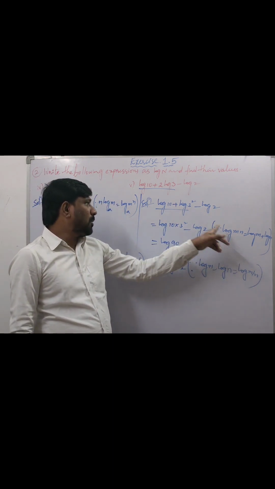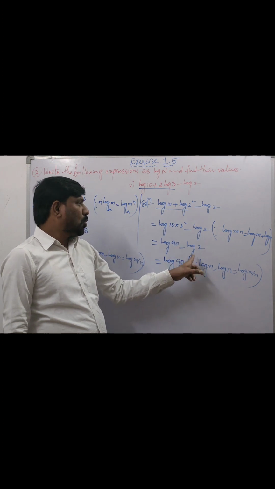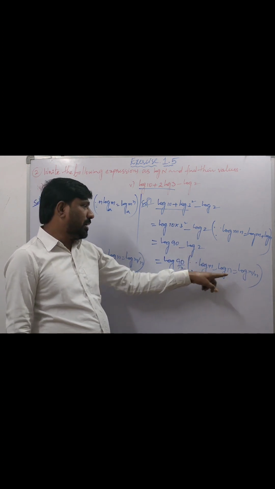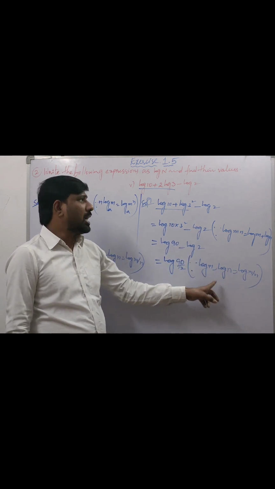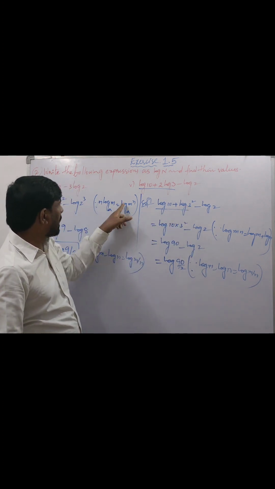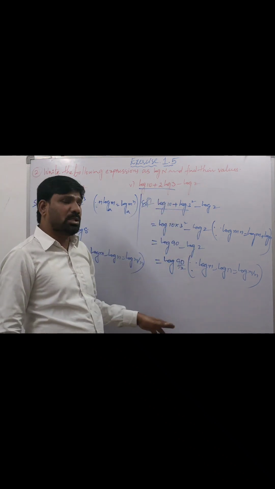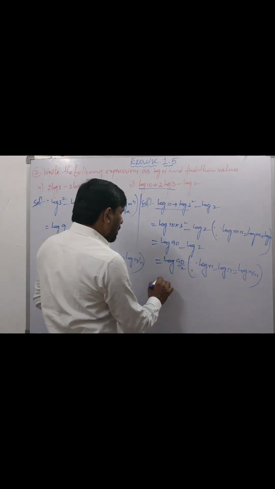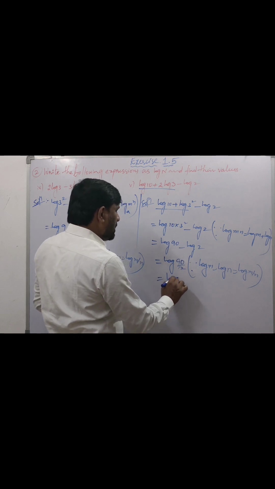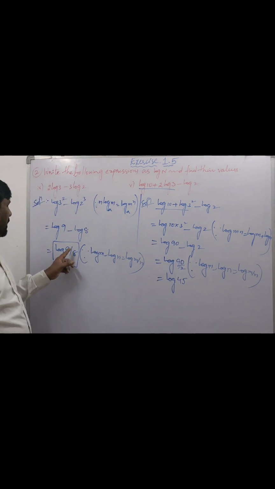Logarithm of a product formula I have used here. Logarithm of a quotient formula I have also used here. m by n is equal to log m minus log n. And in the first step itself I have used n into logarithm of exponent also. All the first three laws I have used in this formula, right? Now logarithm of 90 by 2 means 45, right? 45 to the base 10. Here log 9 by 8 to the base 10.